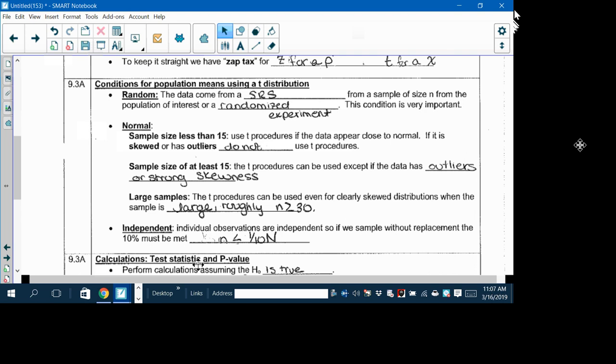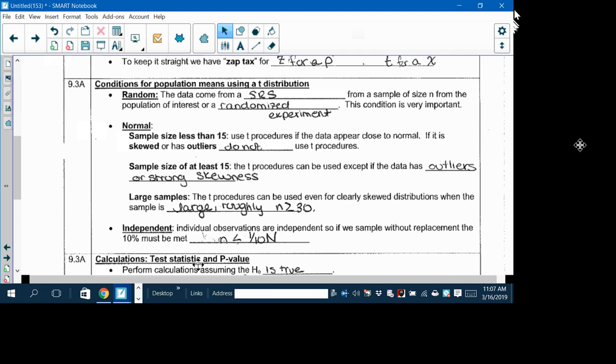But if we have a sample size that's less than 15, we want to take a look at the data. And the best way to look at the data is either through a histogram or a box and whisker plot.